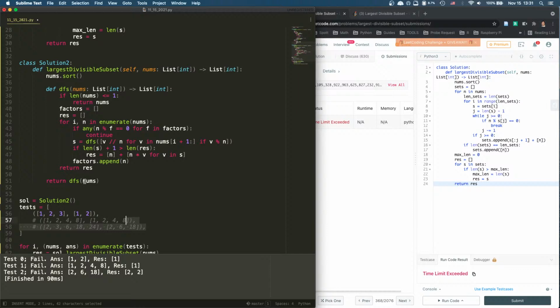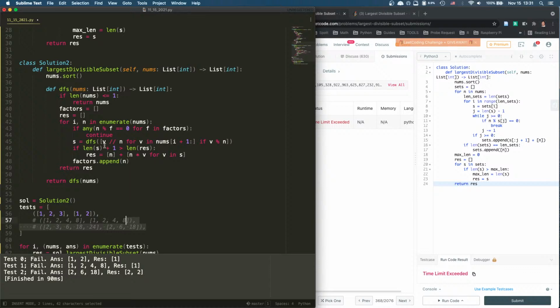So we pass nums in, right? I pass nums in, and len is 3, so I do this. For f, now there's nothing, so I'll keep doing this because there's no factors, right?